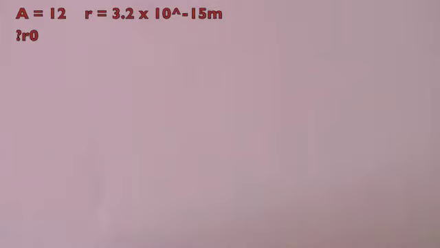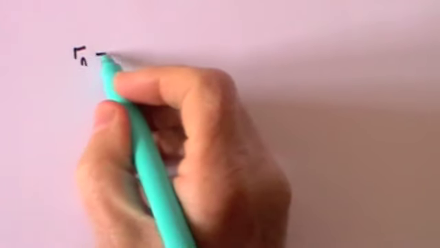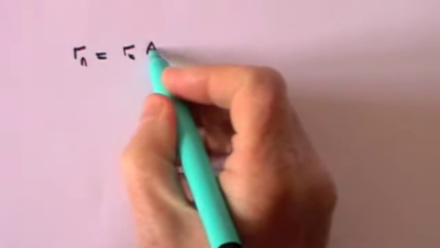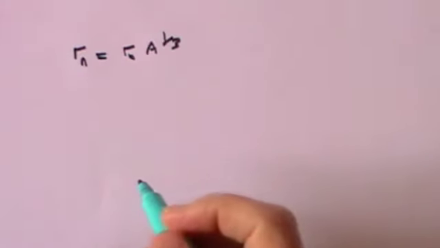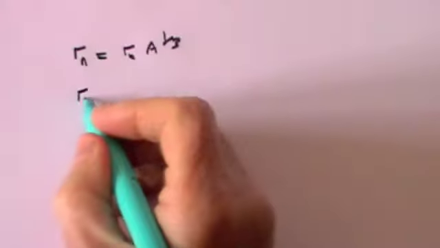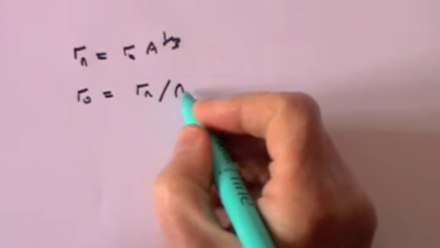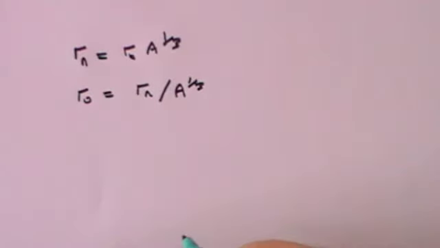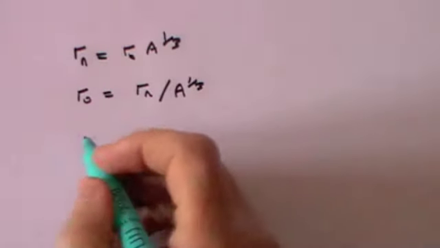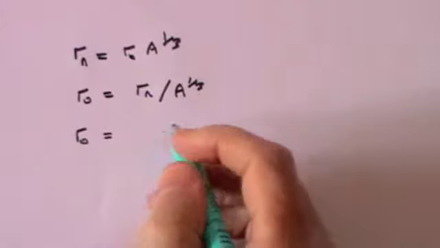Question 5. An atom has 12 nucleons and its nuclear radius is 3.2 times 10 to the minus 15 meters. What is R0? Well, here we're going to use the formula that Rn, the radius of a nucleus, is equal to R0 times the cube root of A, where A is the number of nucleons, and that simply means that R0 is equal to Rn divided by the cube root of A. So R0, which is what we want, is Rn.